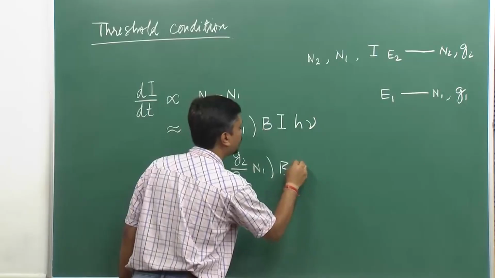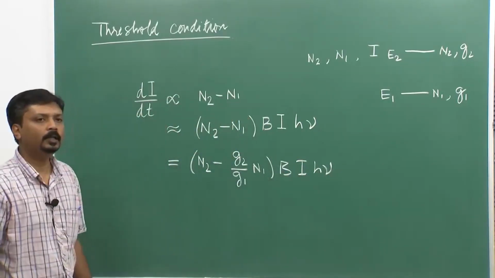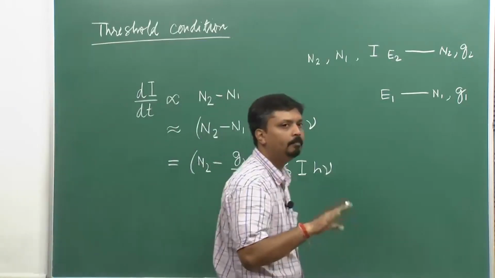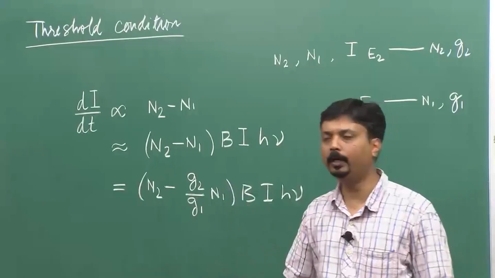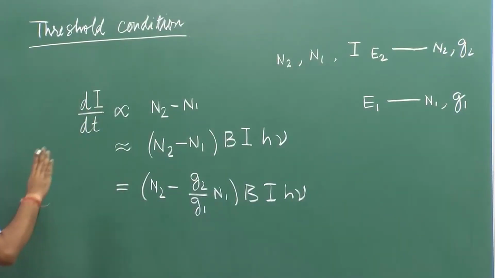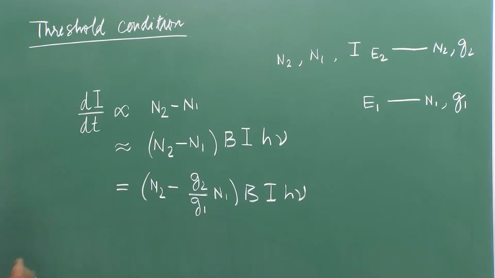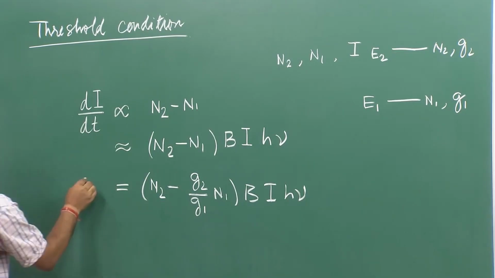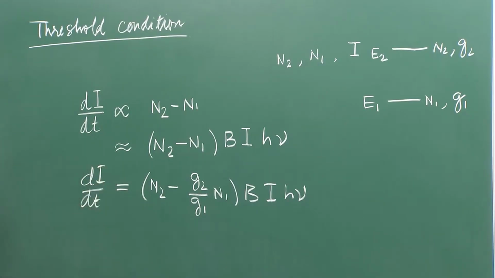Up to this we should not have much problem, because we have seen a very similar kind of formalism. The only thing is that we are now talking in terms of the intensities of the photon and the rate of increase of intensity. Now, this is a differential equation, and what will be the solution?